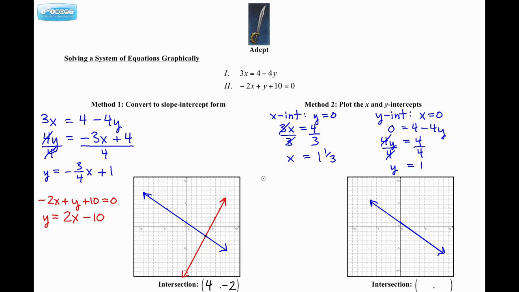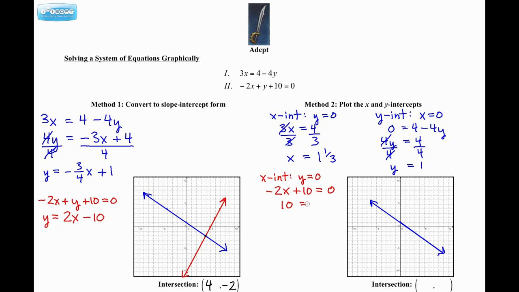For equation 2, let's find the x-intercept. So we're just setting y equal to 0. So this y term here, I'm not even going to bother writing it. So I get negative 2x plus 10 is equal to 0. And it doesn't matter which side of the equation you work with, but I'm going to add the 2x to both sides.